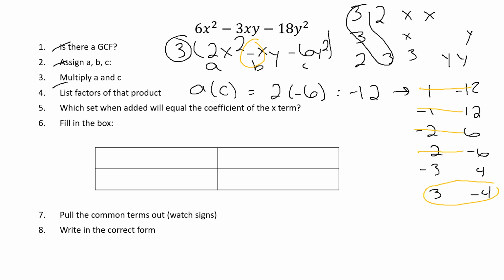All right, first term is 2x squared. Last term is negative 6y squared. And then my factors are going to be 3xy, in this case, and negative 4xy.